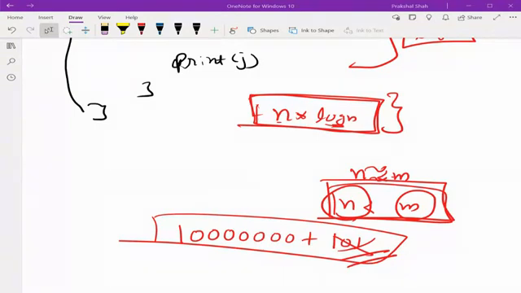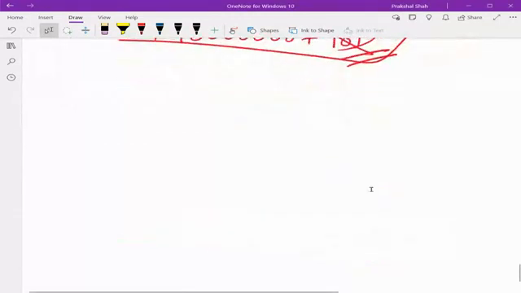Since we are clear with this, we also discussed something about the log thing. Then we quickly started on how to find the time complexity for recursion.